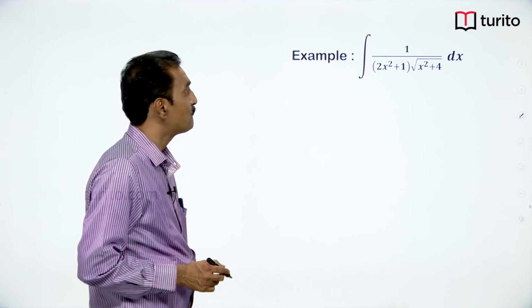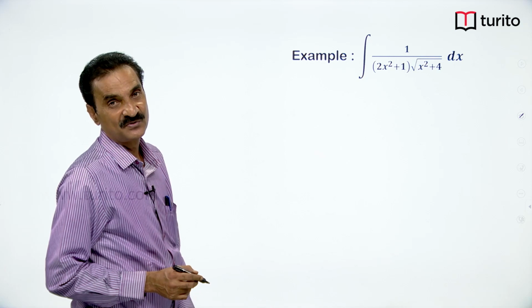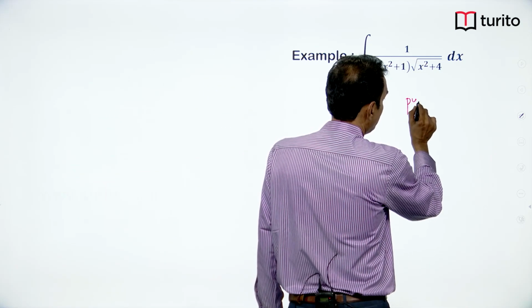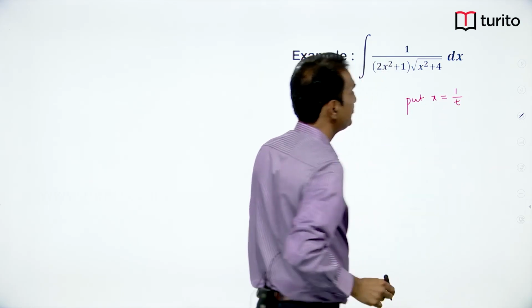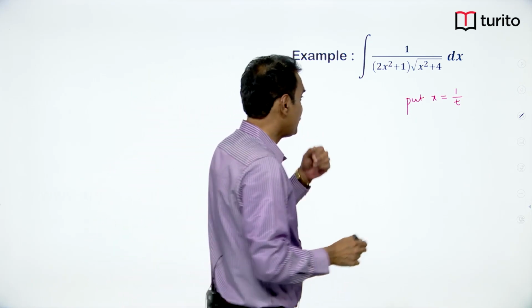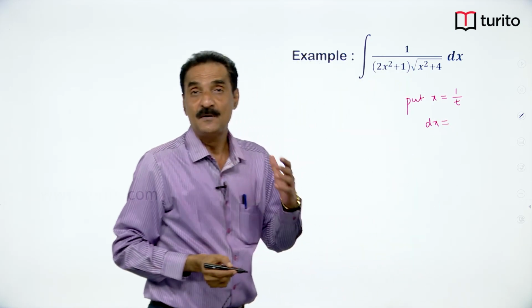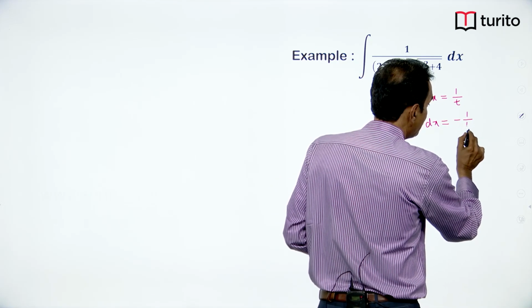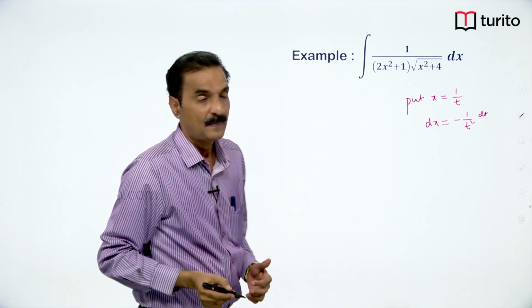Integral 1 by 2x square plus 1 into root over x square plus 4. Put x is equal to 1 by t. Then differentiating on both sides, derivative of x is 1 into dx is equal to derivative of 1 by t, which is minus 1 by t square into dt.